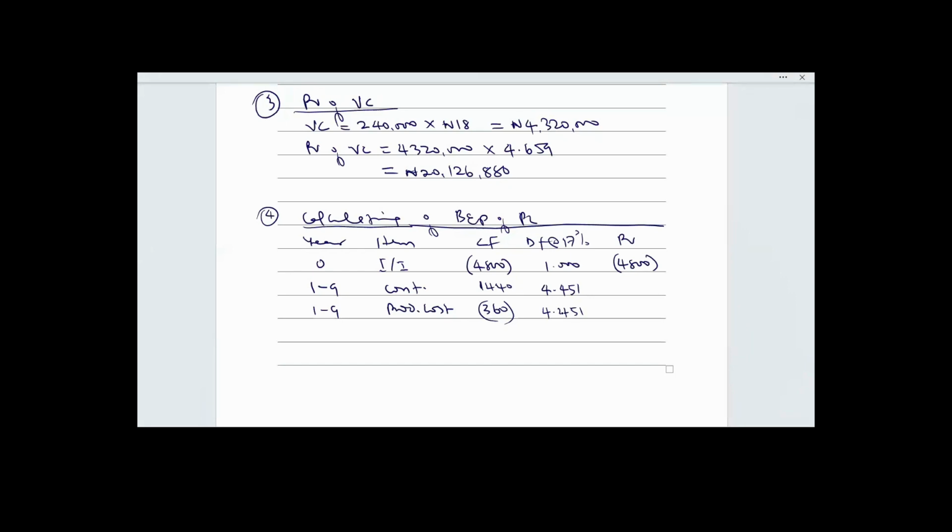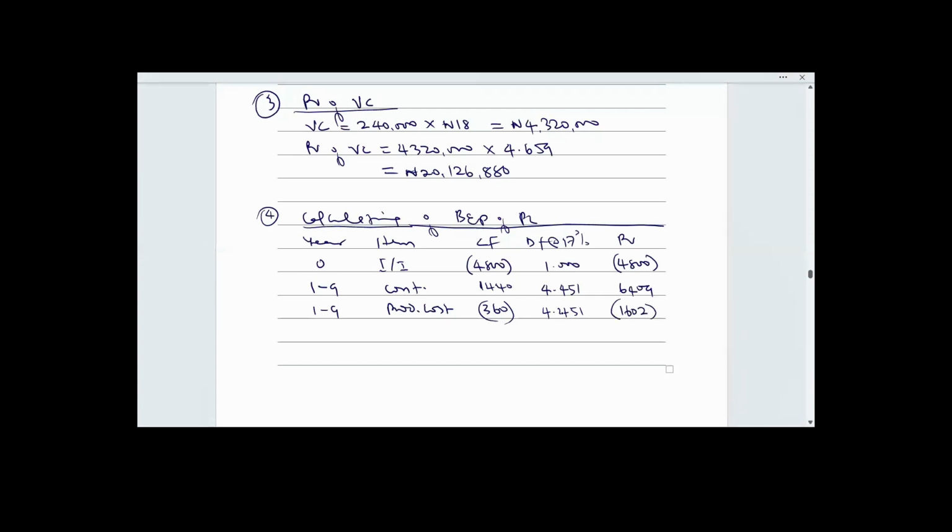Okay, so I need to multiply 1440 by 4.451, which equals 6409. 360 multiplied by 4.451 equals 1602.